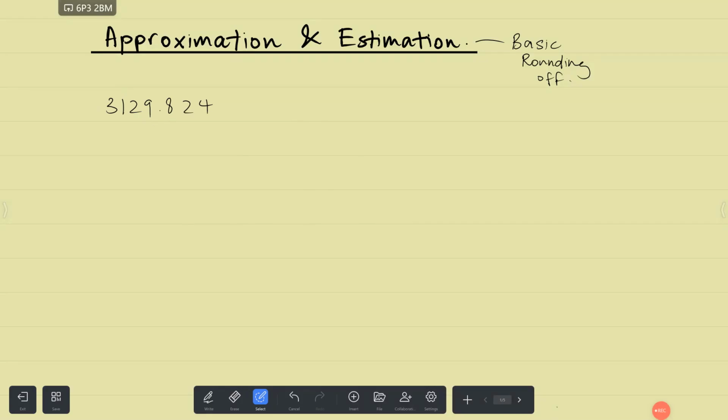So for example, we want to round it off to the hundreds place. One way to phrase it is to the nearest hundred. So look at the number again.